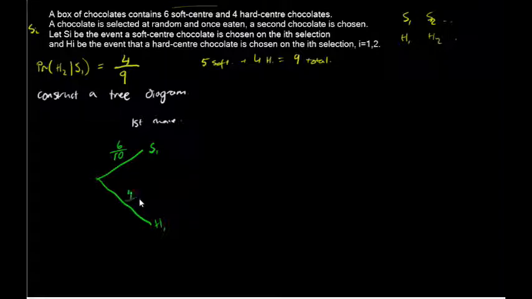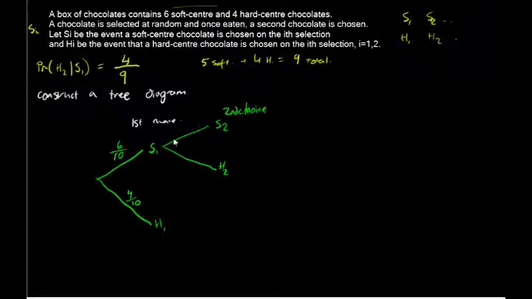And for hard, we've got 4 out of a total of 10. On our second choice, if we choose a soft center first, we can either choose another one on our second go, or we can choose a hard center on our second go.